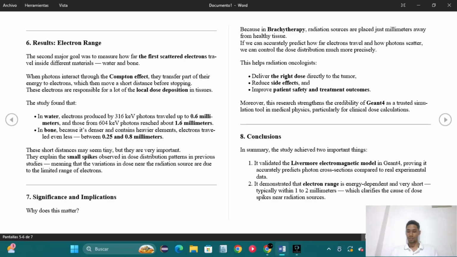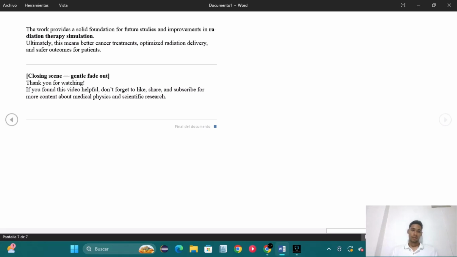It demonstrated that electron range is energy dependent and very short, typically 1 to 2 millimeters, which clarifies the cause of those peaks near the radiation source. The work provides a solid foundation for future studies and improvements in radiation therapy simulation, ultimately helping make better cancer treatments, optimize radiation delivery, and achieve safer outcomes for patients.